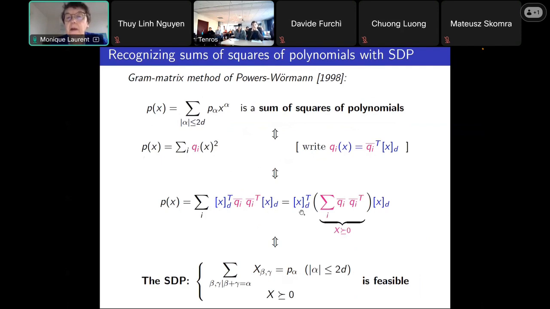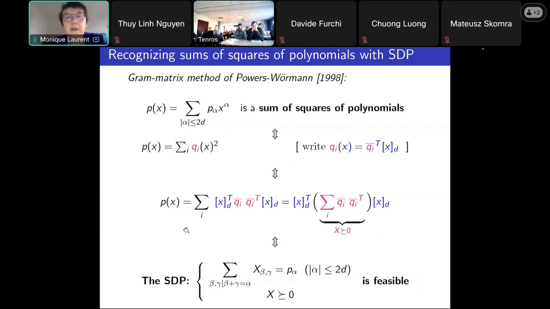Now I pull out the vector of monomials on both sides. And inside I get the sum of Q_i bar times Q_i bar transpose. So this red matrix here is a sum of rank 1 matrices. Let's call it X. It's a PSD matrix by construction.